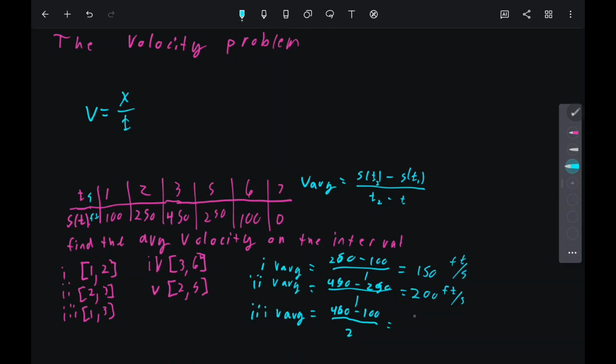Well, that is just equal to 350 over 2, which is, I believe, 175 feet per second. All right, I'm going to clear the board here.